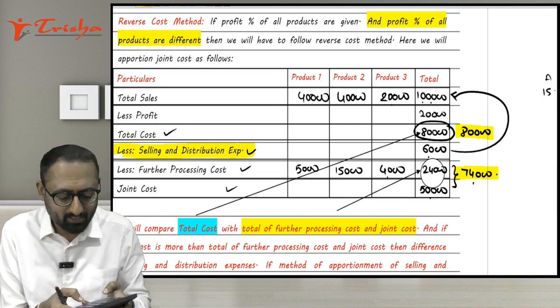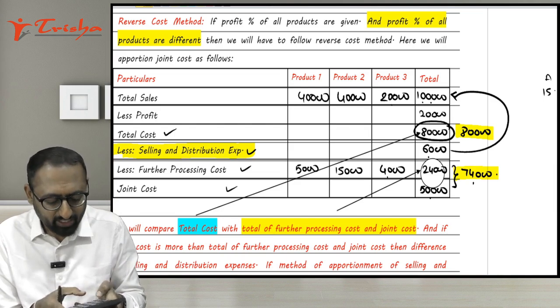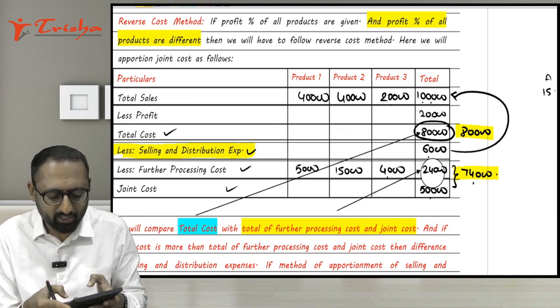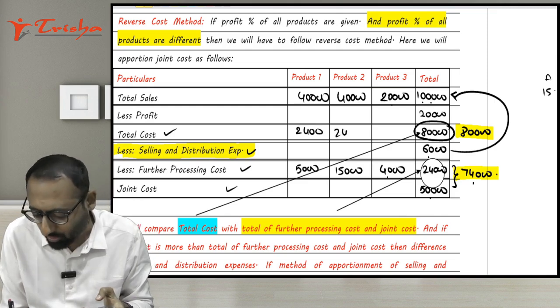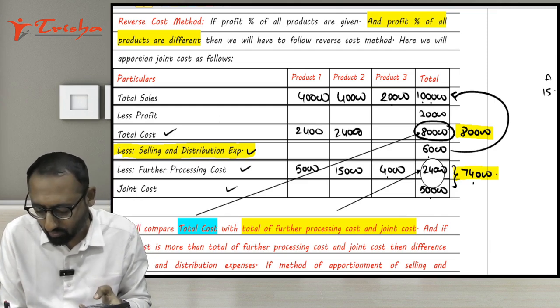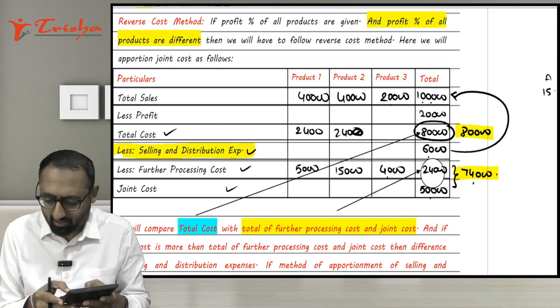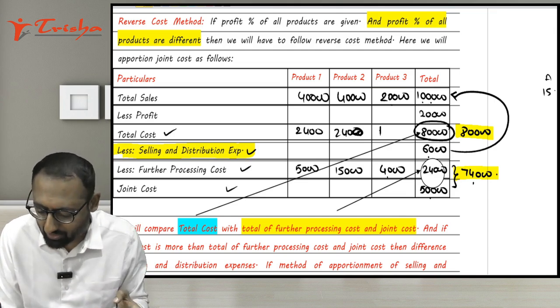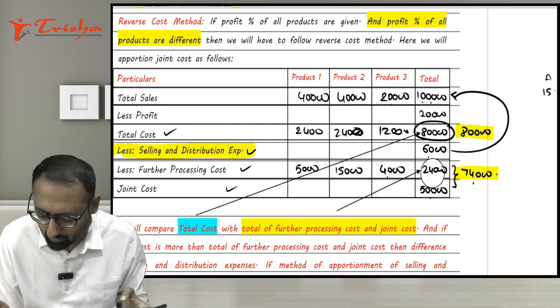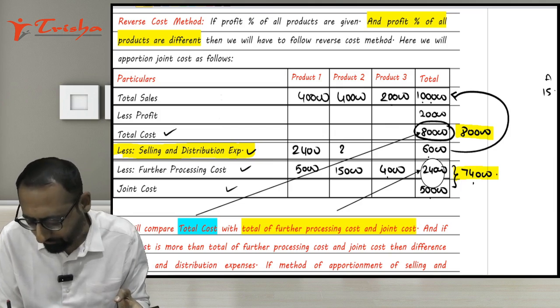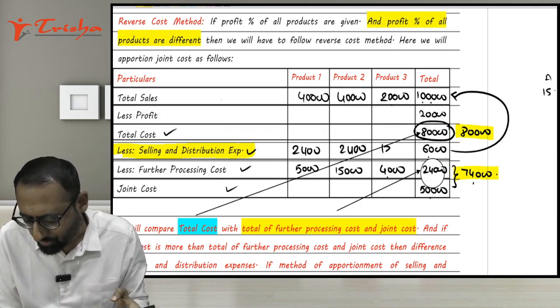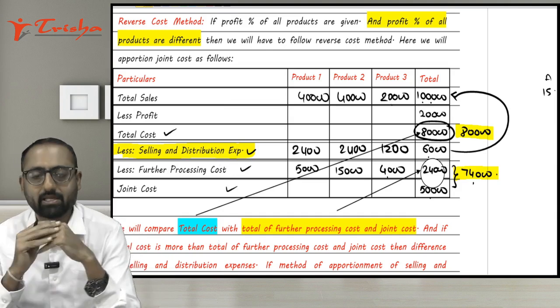So 6,000 divided by 1 lakh multiplied by 40,000. In the first column it will be 2,400, in the second column also 2,400, and in the third column it will be 1,200. Wrong row I have written. So 2,400 and 1,200 will be your selling and distribution expenses.